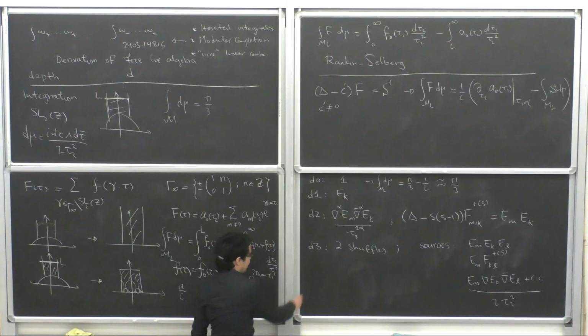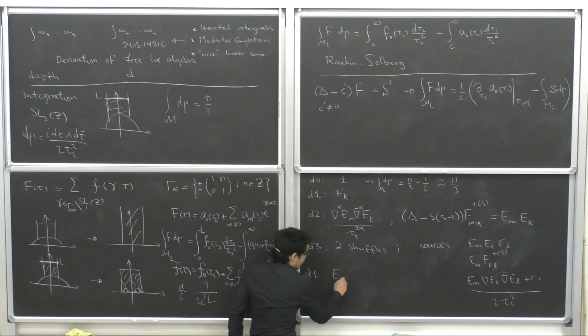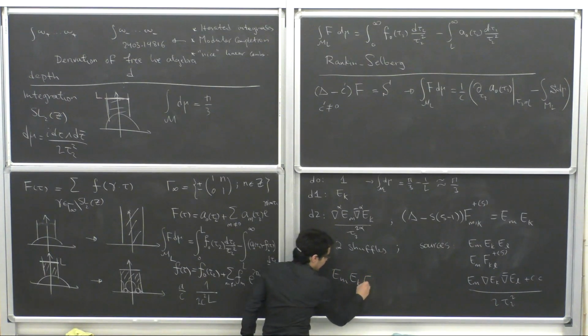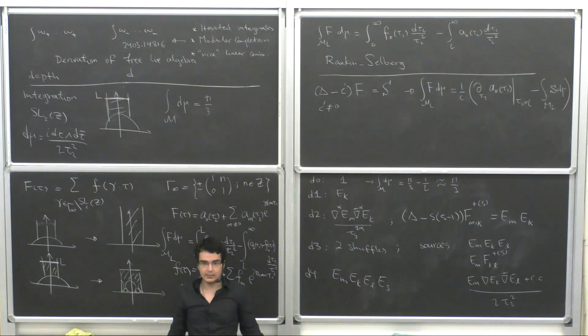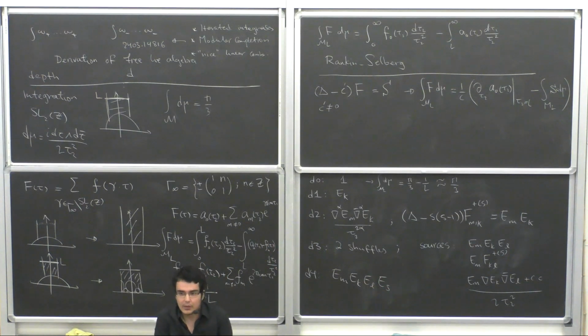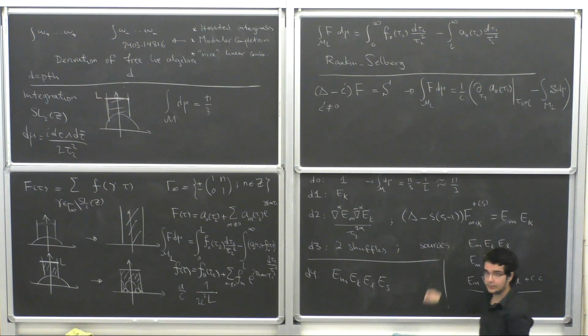But as soon as you go to depth 4, the easiest thing that I can write at depth 4 is EM, EK, EL, ES. And at the time, we don't know how to integrate them. So this is the boundary of knowledge that we have so far.